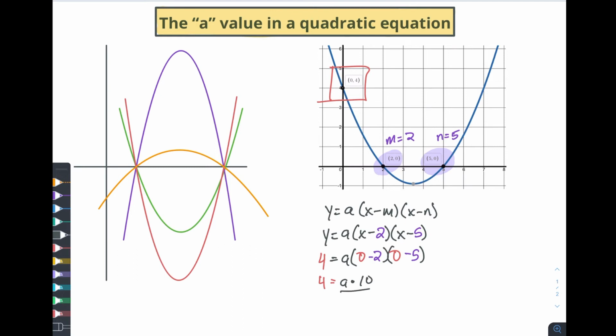If I divide both sides by 10, then I know that my A value is 2/5. So now I know my equation is y is equal to 2/5 times x minus 2 times x minus 5. And now I know that this one is indeed the one that matches up with my blue equation right here.